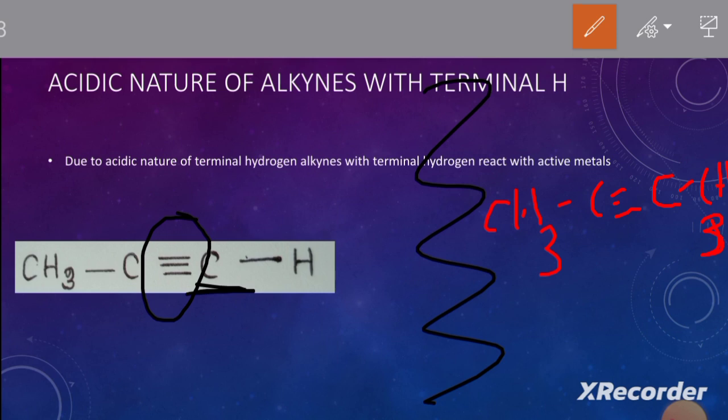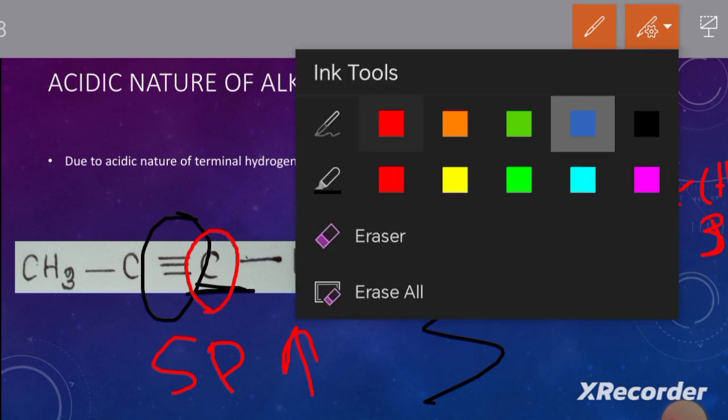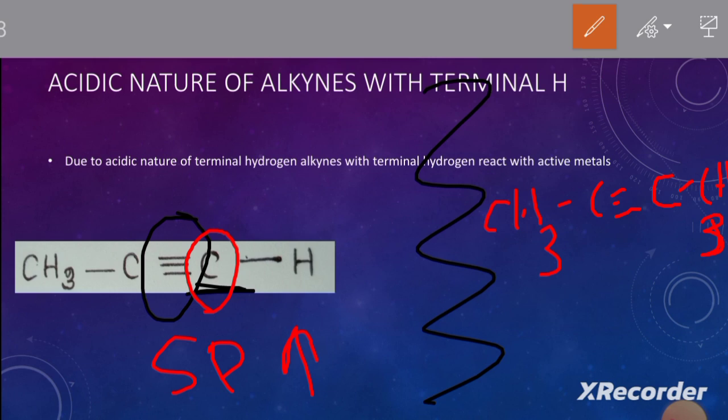If I take the electronegativity of this carbon, it has sp hybridization and higher electronegativity. If I take the electronegativity of this terminal carbon, that has sp3 hybridization, and due to this sp3 hybridization, it has a lower electronegativity.